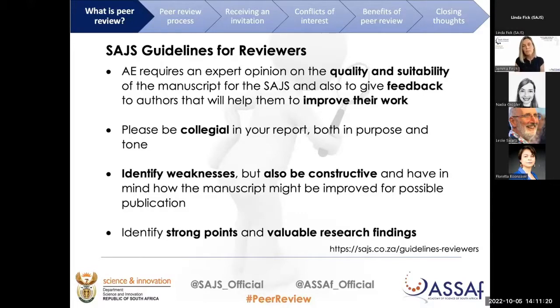Then the third point there highlights the fact that peer review can identify the weaknesses of a submitted manuscript, but it should also take a constructive tone in highlighting where there are areas for improvement. Again, quite a balanced approach coming through. And then finally, ending on a positive note, one goal of peer review here is to identify the strong points of a piece of research and highlight the most valuable aspects of that manuscript.